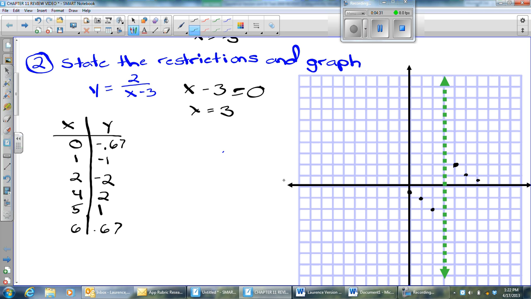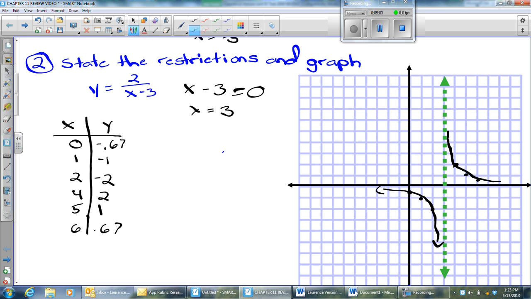Now you can graph more points, like you could test the point x equals negative 1, and you could test the point x equals 3.5 to see exactly what's going on. That is fine to make your line more accurate. Oops, my line's kind of going away from the asymptote. Put it going this way. Here and here.